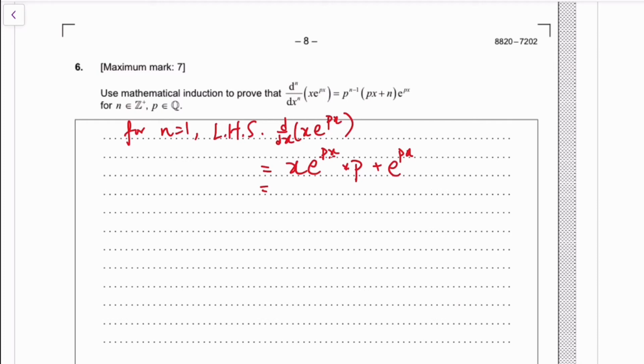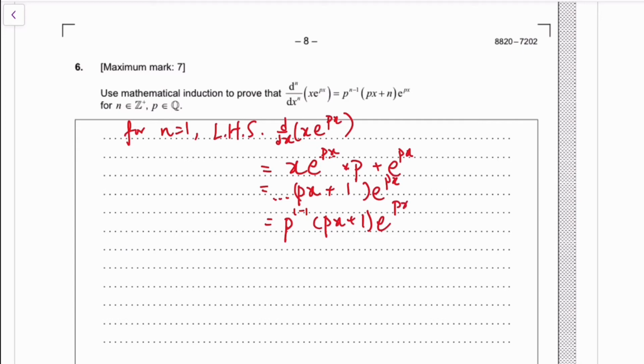What can we do? We could factor out the e to the power of px to the back, and then with xp or px, they're the same, plus 1, and then in front we basically have nothing, but then p to the power of 0 is basically nothing.